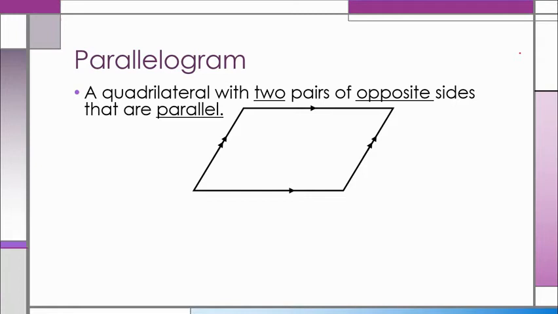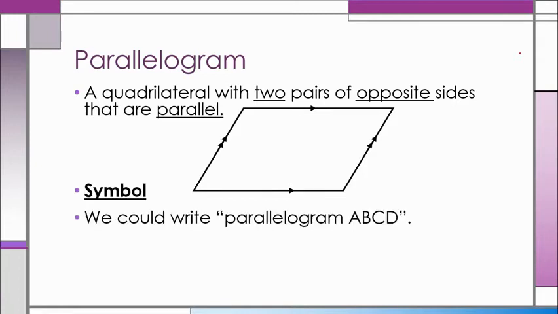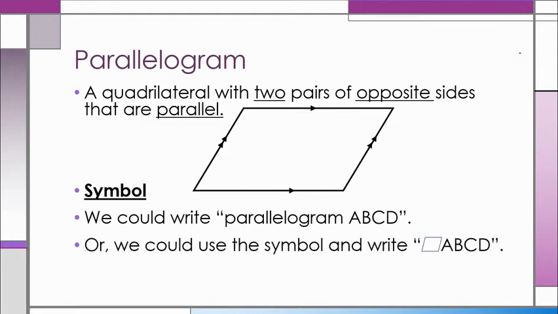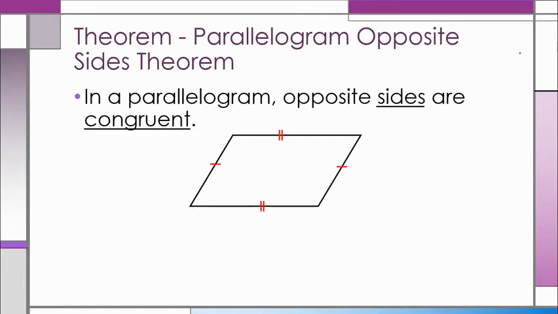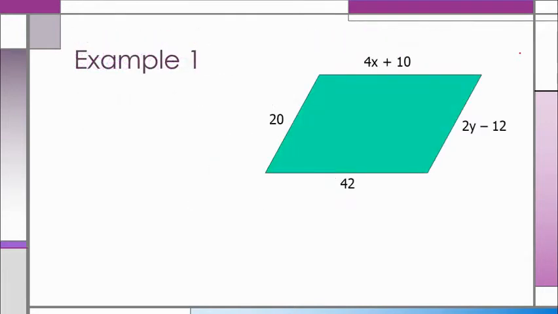We could write parallelogram ABCD, or we could use the symbol and write ABCD. The parallelogram opposite sides theorem states that in a parallelogram the opposite sides are congruent and they are parallel.